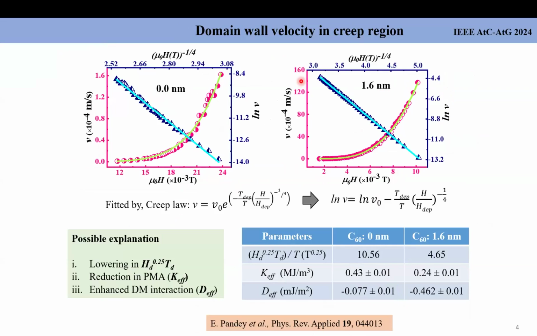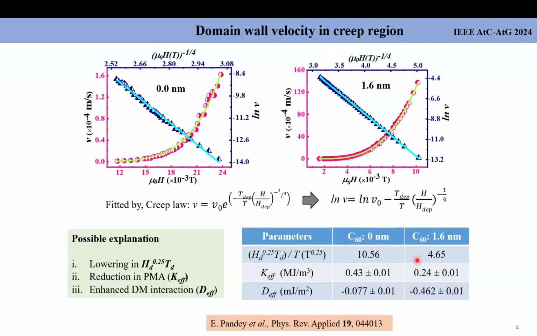To know the exact reason behind this increment, we fitted the domain wall velocity data with the creep law as shown here. In the creep region, velocity follows an exponential relation with the applied field, and the logarithm of velocity follows a linear relation, which is plotted here. By fitting, we found that the depinning parameter of the sample is reducing with increasing C60 thickness.